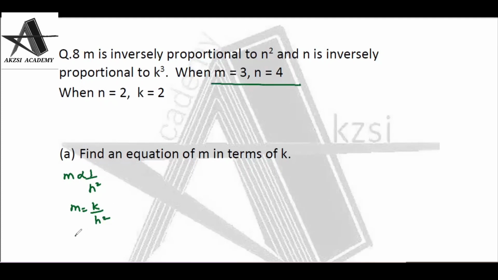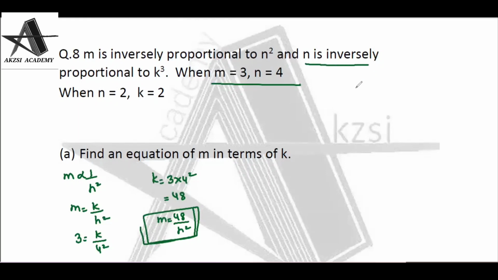In place of m, I'll write 3 here. And in place of n, I'll write 4 here. 4 squared. So k is equal to 3 times 4 squared, which is 48. Put this value here, you'll get m is equal to 48 over n squared. This is our final equation.